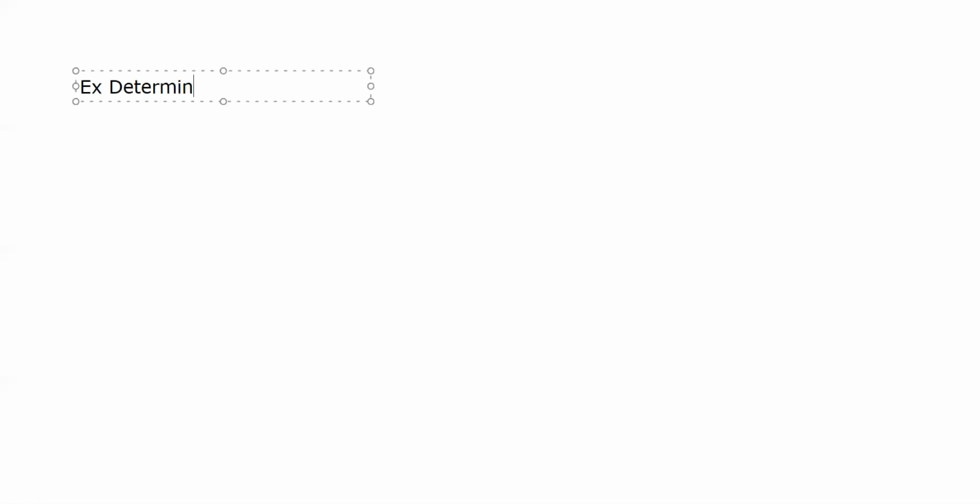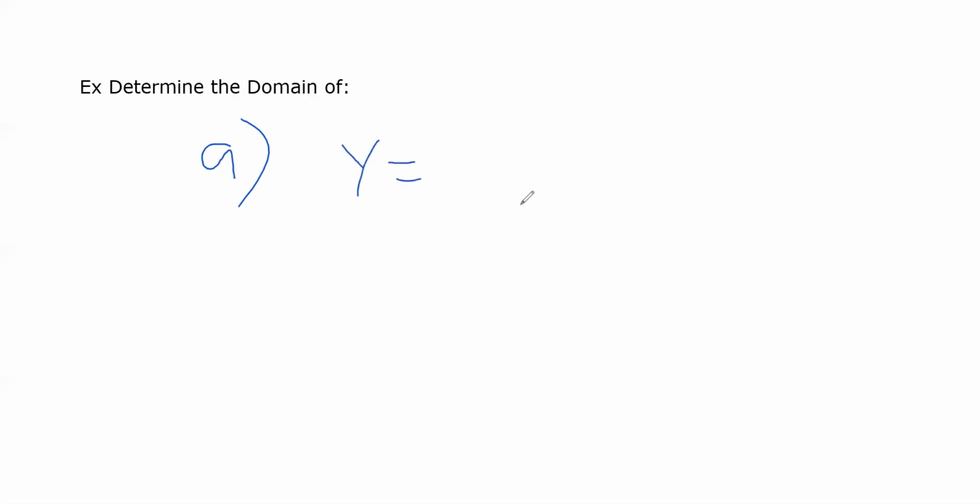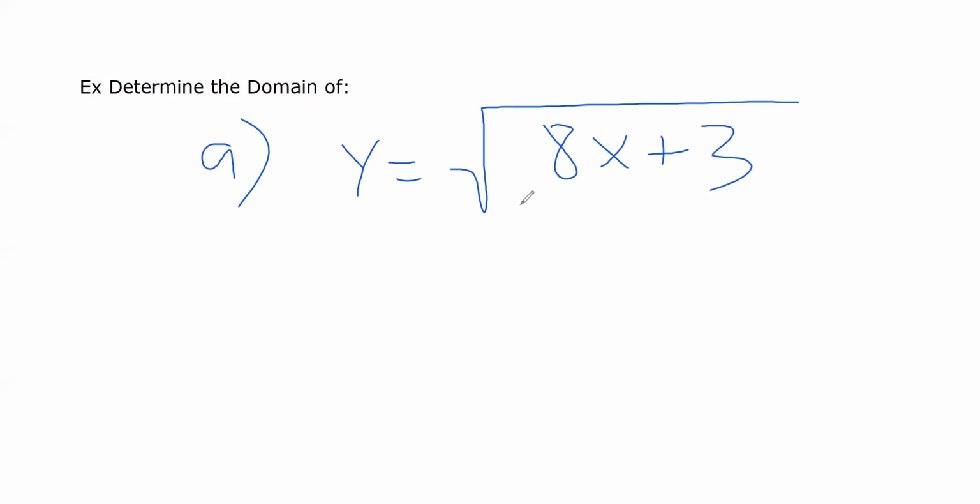Let's actually determine the domain of some more things. And instead of graphs, let's graduate to big boy, big girl school here, and make it something that requires a little bit more thought. Because sometimes looking at a graph, I hate to say it, is almost easy.